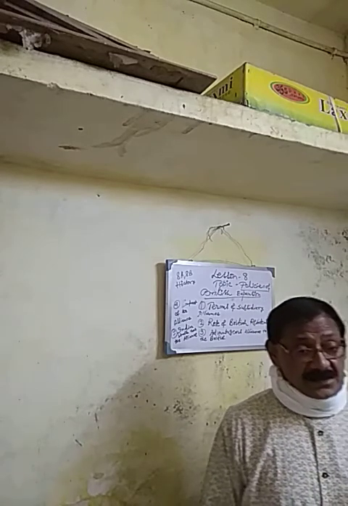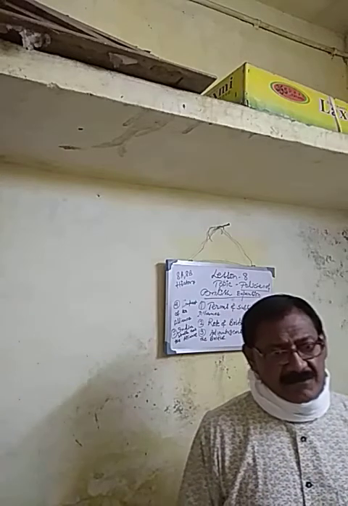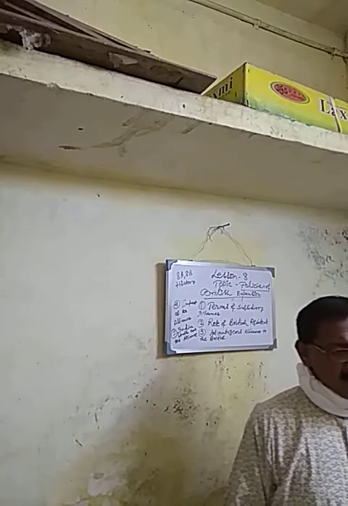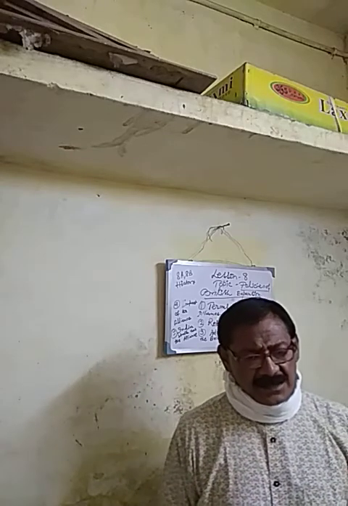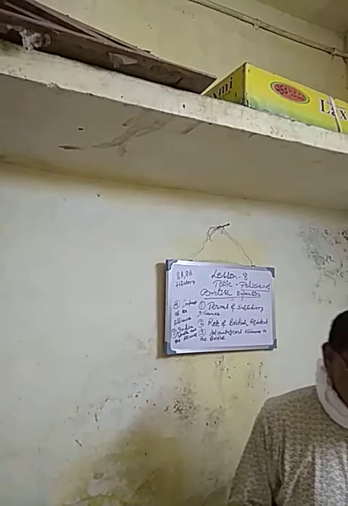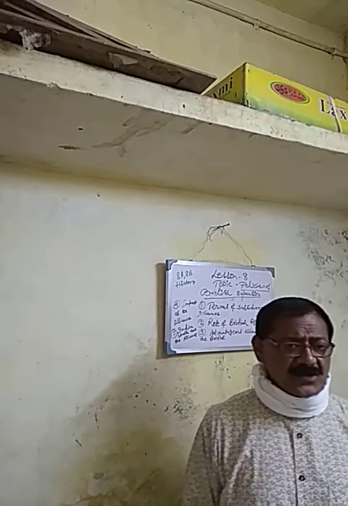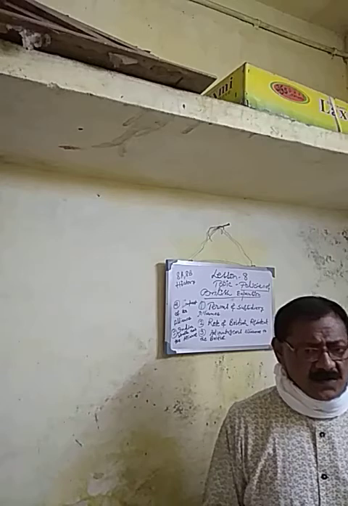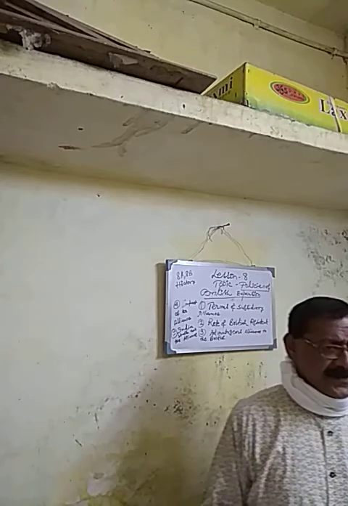Now, the question is, why was the British resident appointed by the British? Or why was the British resident posted in the court of that particular Indian ruler? The British resident was posted to watch over the activities of the rulers, where his office was established.